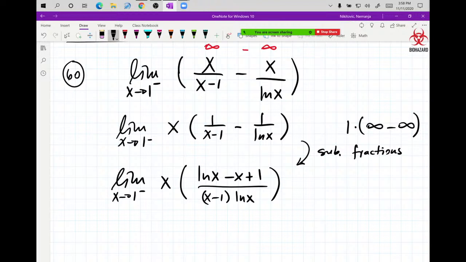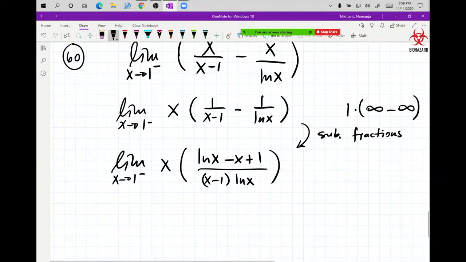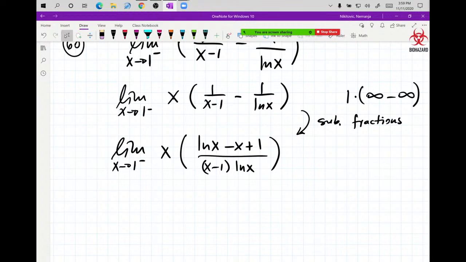So now, if I can somehow do something here, maybe it would work out. So let's see what we have. When I plug in 1, this thing goes to 1. Ln x goes to 0. And then I have this times this give me a 0.